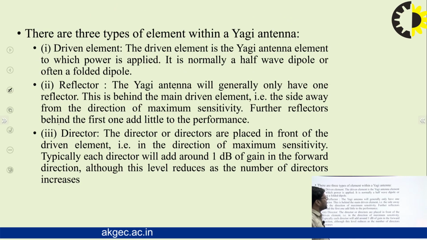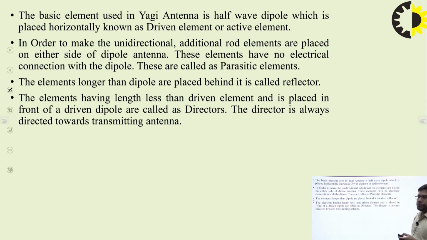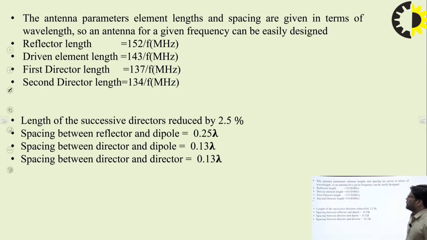And what should be the size of the reflector and directors as compared to the main element? You can see here the length of the successive directors is reduced by 2.5%.